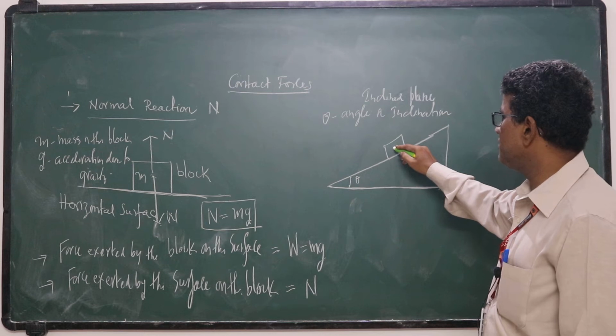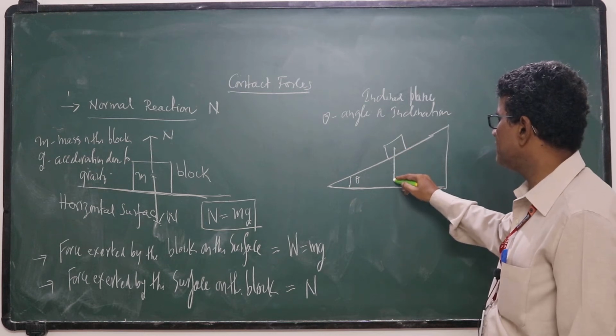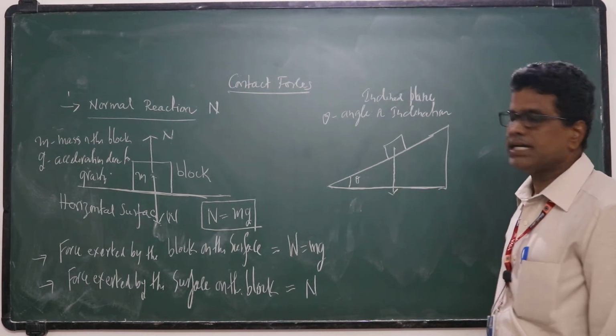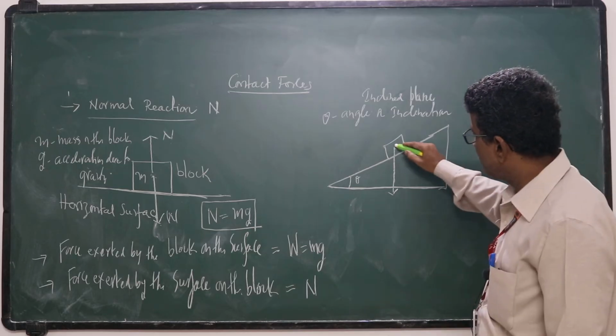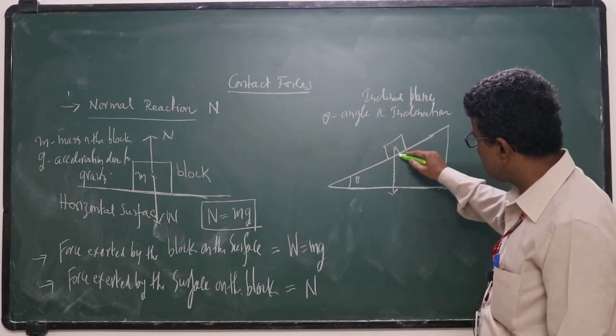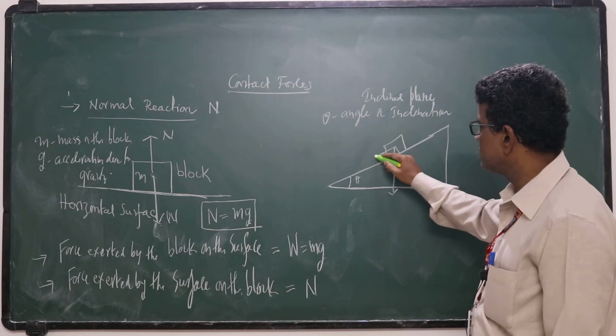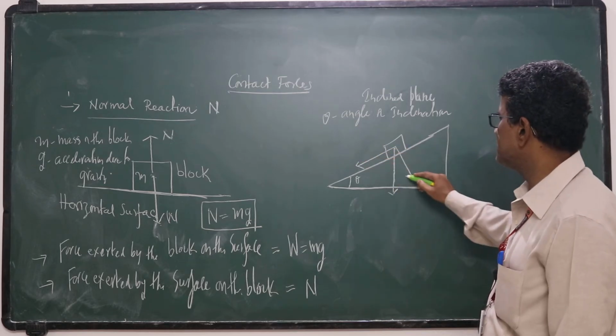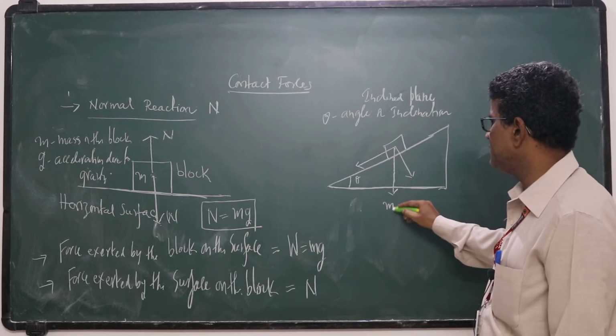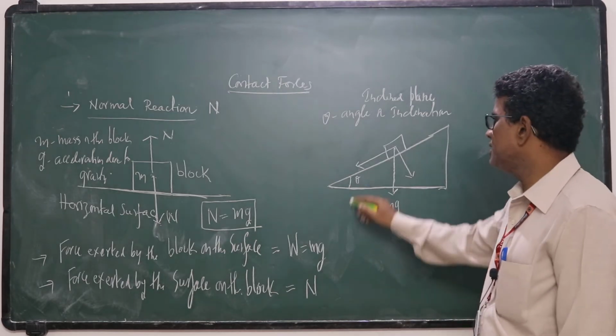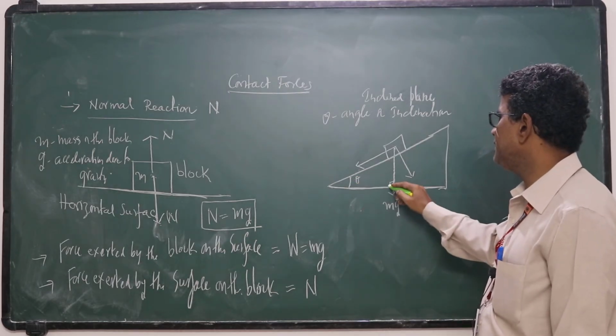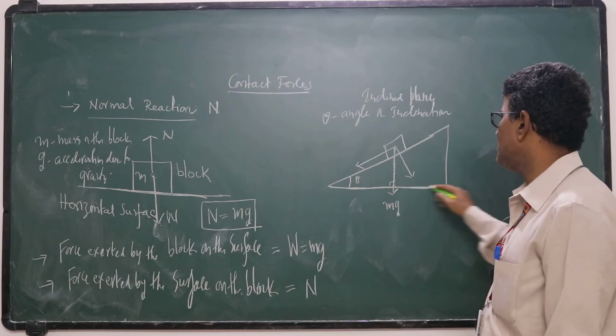Now the weight of the block acts vertically down. Gravitational force always acts vertically down. In turn this weight mg is resolved into components. This angle is theta. This is 90 because it is vertical and horizontal.